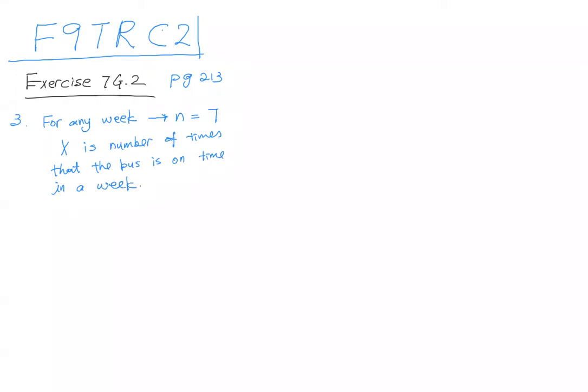So now we know that the possible values for X will be 0, 1, until the last one is 7. Okay? Or if you don't want to use number of times, you will say number of days that the bus is on time in a week. Can or not? Also can. That will be much better. Am I right?